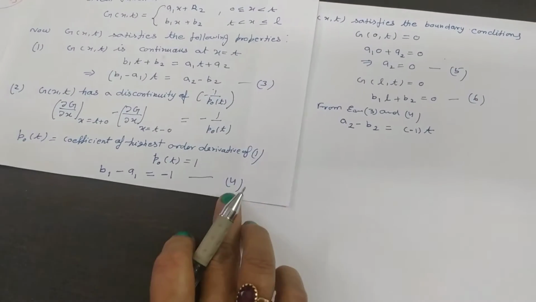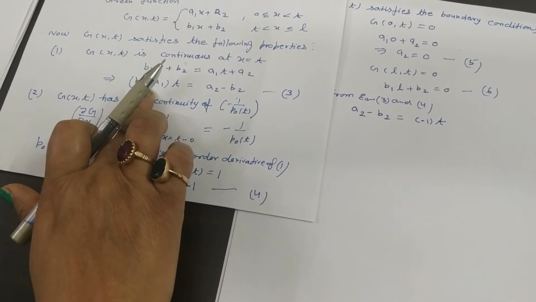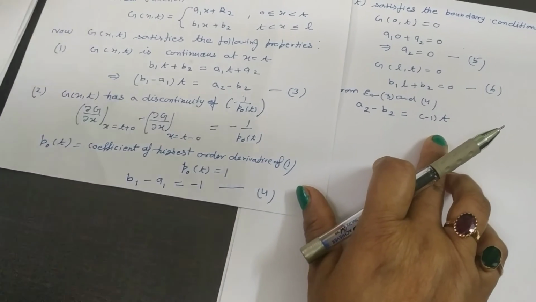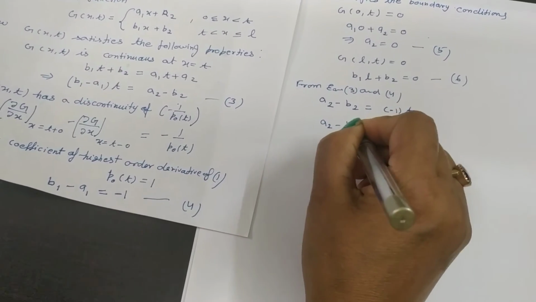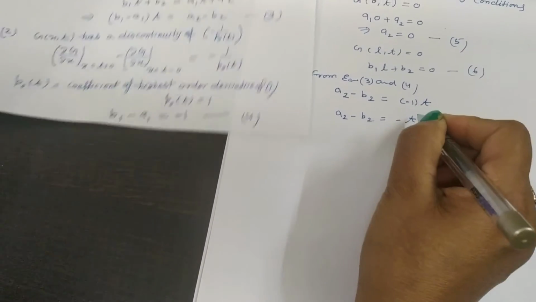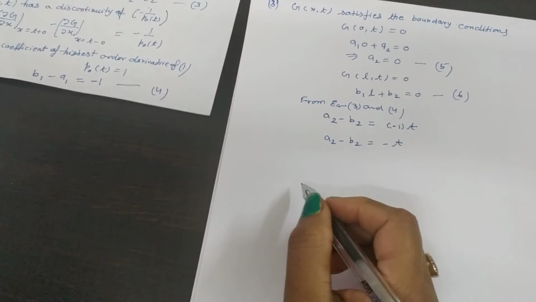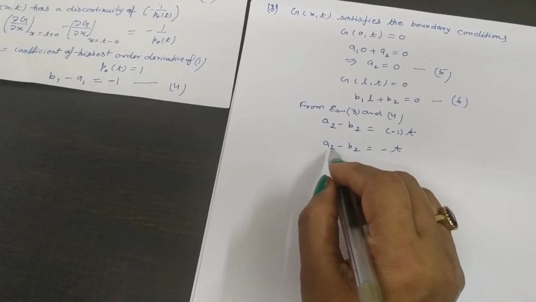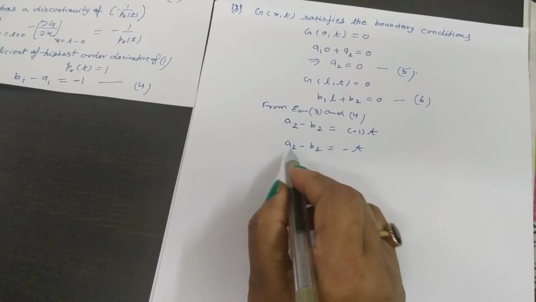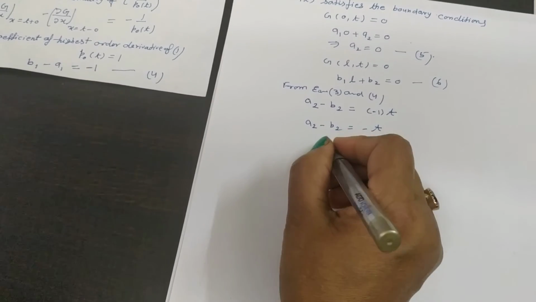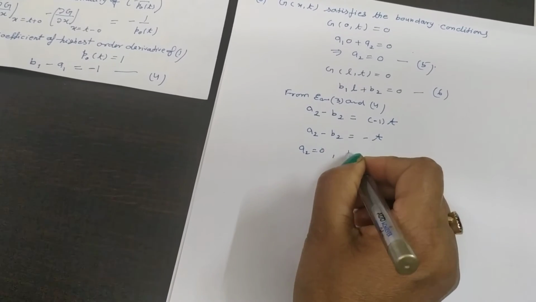Yes, clear? Now a2 is equal to 0 from equation number 5, then b2 is equal to t.